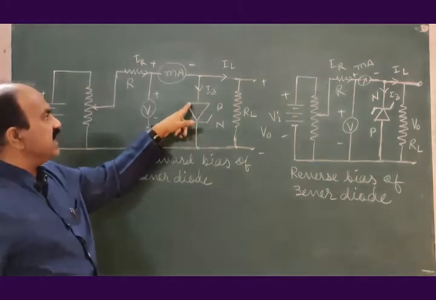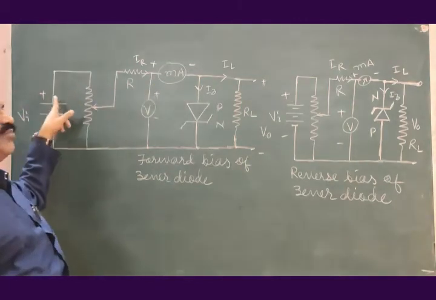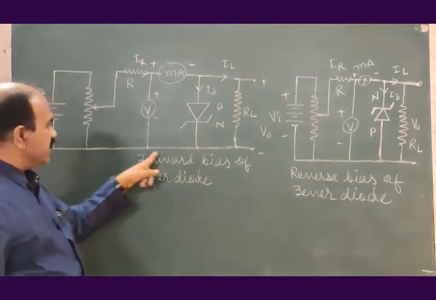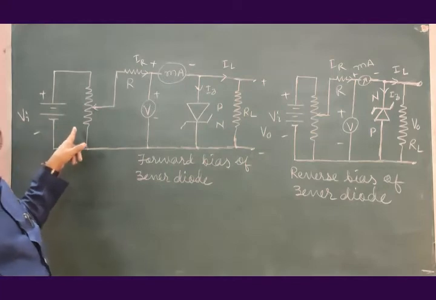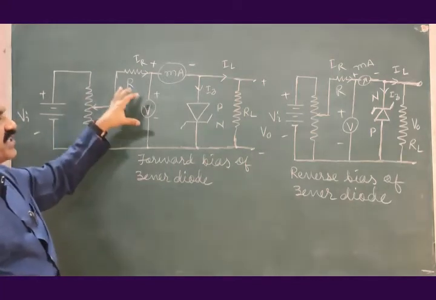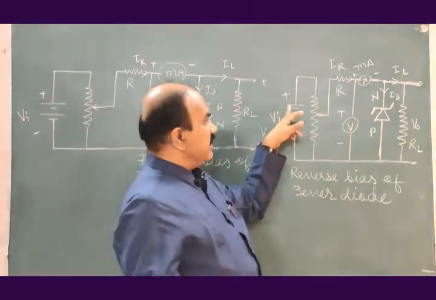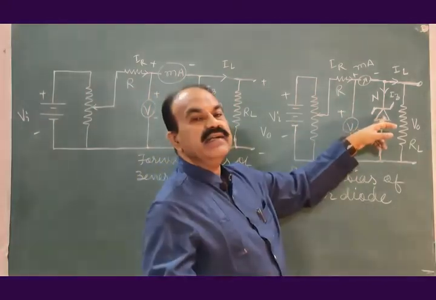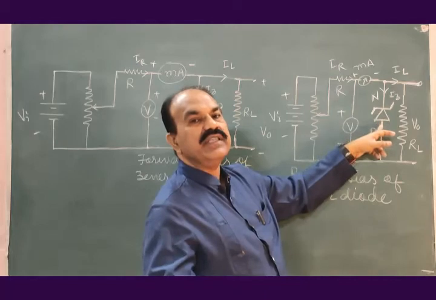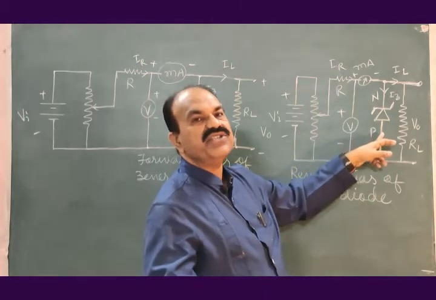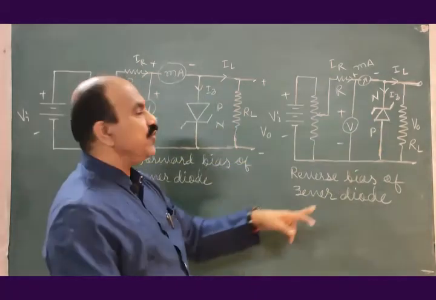The P type of the Zener diode is connected to the positive of the power supply. The N type is connected to the negative of the power supply, and so it is forward bias of the Zener diode. Here is the same thing, only the P and N types of the Zener diode are reversed in circuit 2.